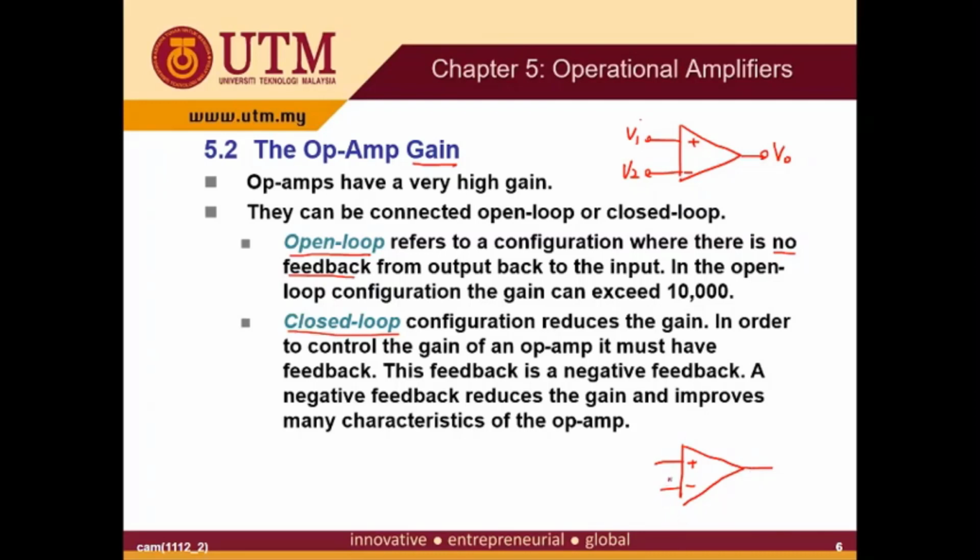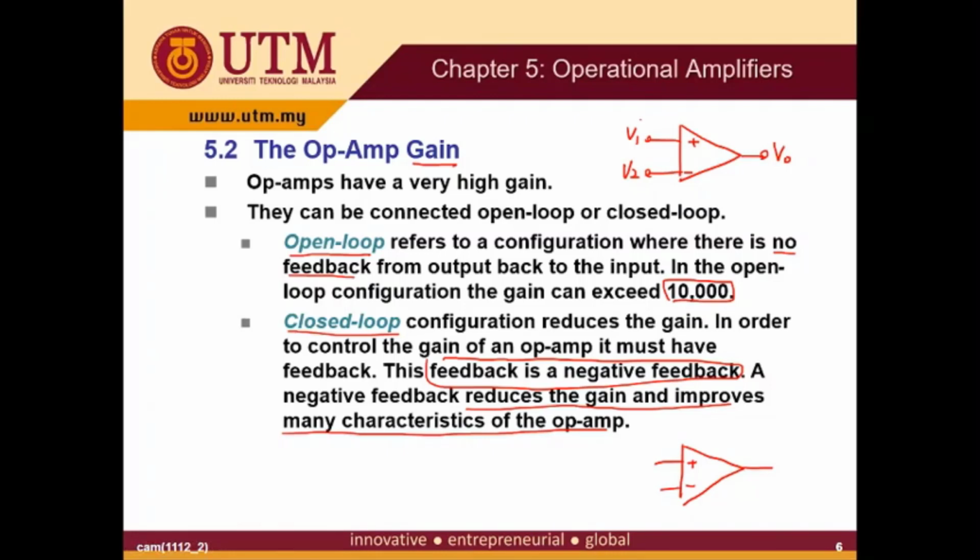Usually the feedback is done by negative feedback, because negative feedback reduces the gain and improves many characteristics of the op-amp. For open loop gain, the gain can be as high as 10,000. But a gain of 10,000 in most applications is too much.